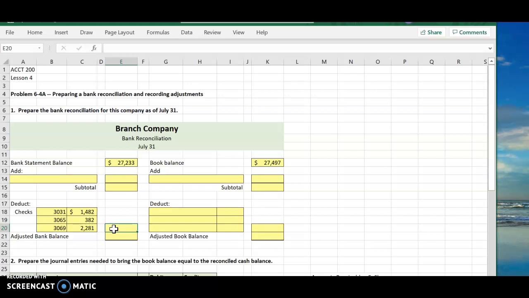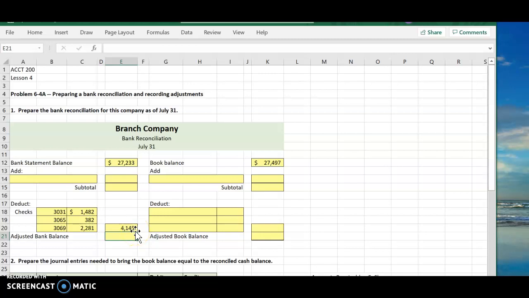The ones that haven't cleared will be sitting there for you to take out of your bank statement balance. The next month, this is where you start; you'll see if those checks cleared in the August statement. So here we have these outstanding checks. We're going to sum those up, and we have a total of $4,145 of outstanding checks.